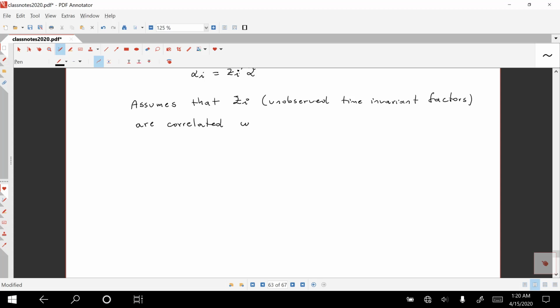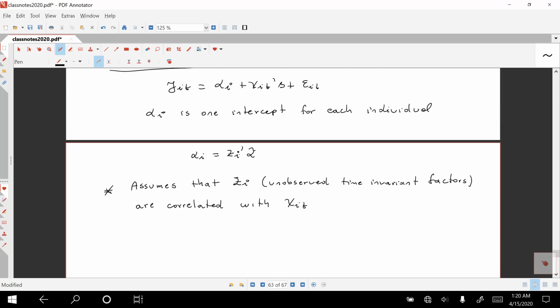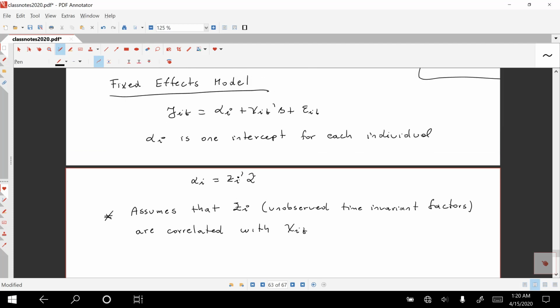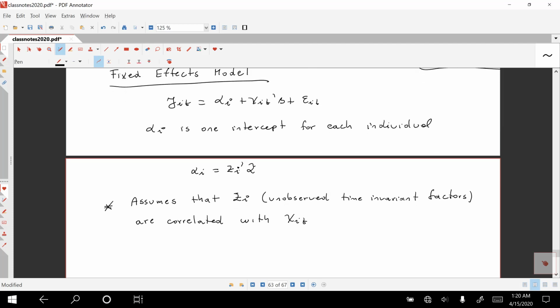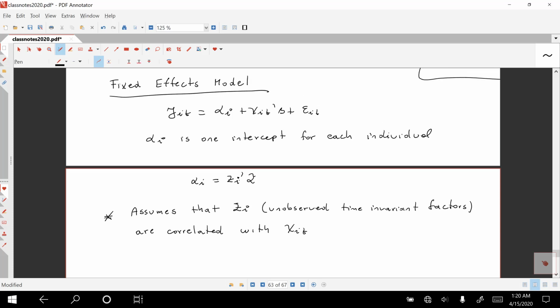Later on we'll talk about the advantages, but this goes back to our discussion of endogeneity. If you remember, one way to think about endogeneity is when your explanatory variables are correlated with the error term.